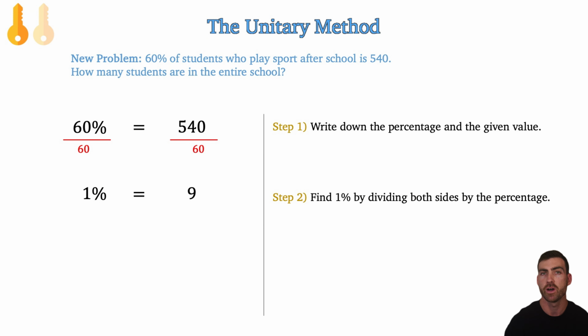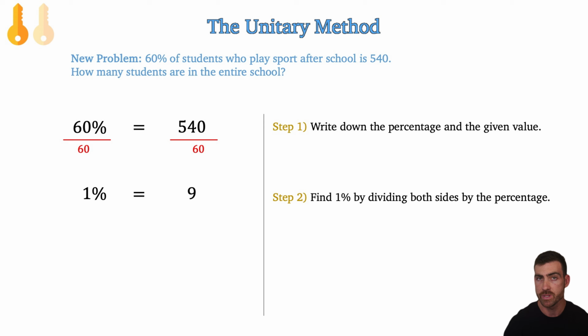Step 2, find 1%. And to do this, we simply divide by itself. Remember, we need to do this to both sides to keep the equation equal. We divide 60% into 60 equal parts, getting 1%. And also divide 540 by 60, telling us that 1% equals 9 students.